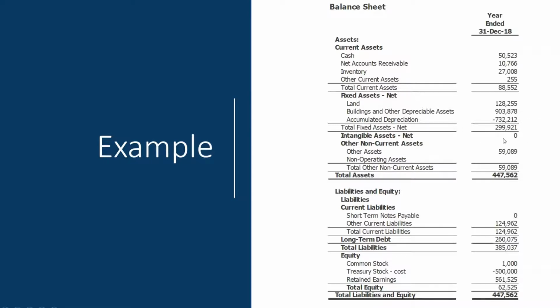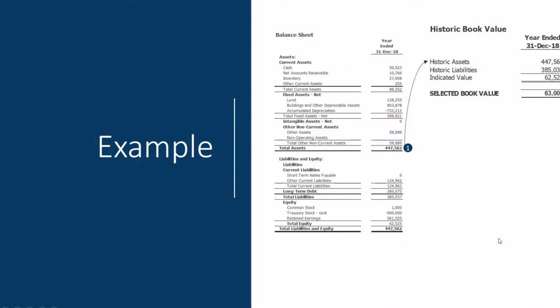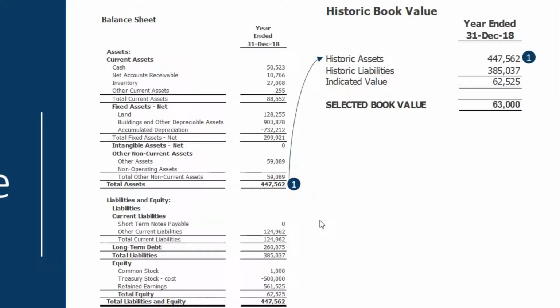But in total, the total fixed assets of this business was almost $300,000. There was also a small amount of current liabilities, and you can see where the total equity of this business was. So, in valuing his business based on the historic book value method, you can see that the historic assets were approximately 447,000, historic liabilities were approximately 385,000, and the value of this business came out to be approximately $63,000.